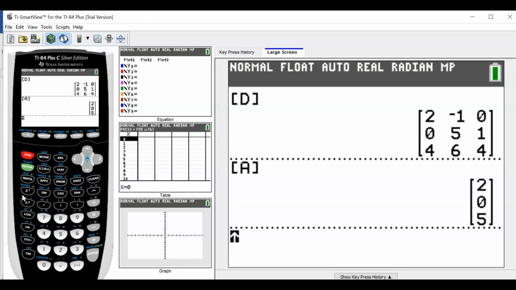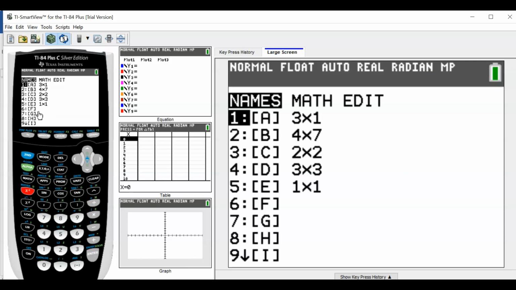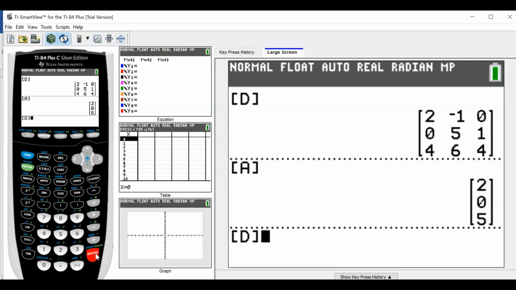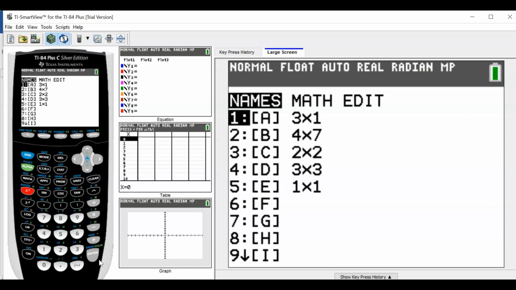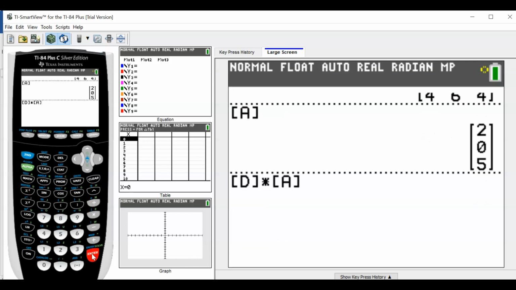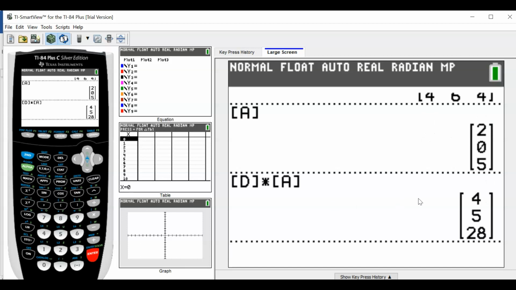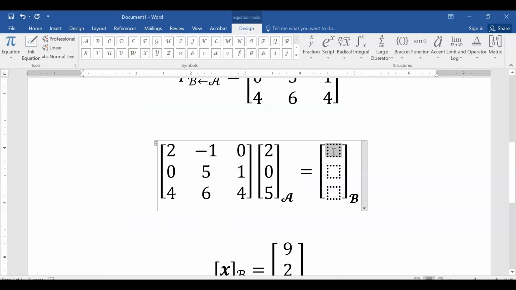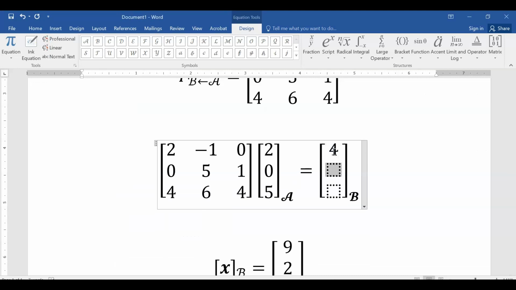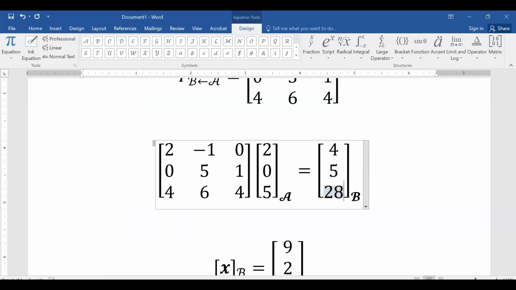So all we have to do is go to matrix D, which is my fourth matrix there, and then multiply it times my matrix A, and I get 4, 5, 28. So written with respect to basis B, we get 4, 5, 28.